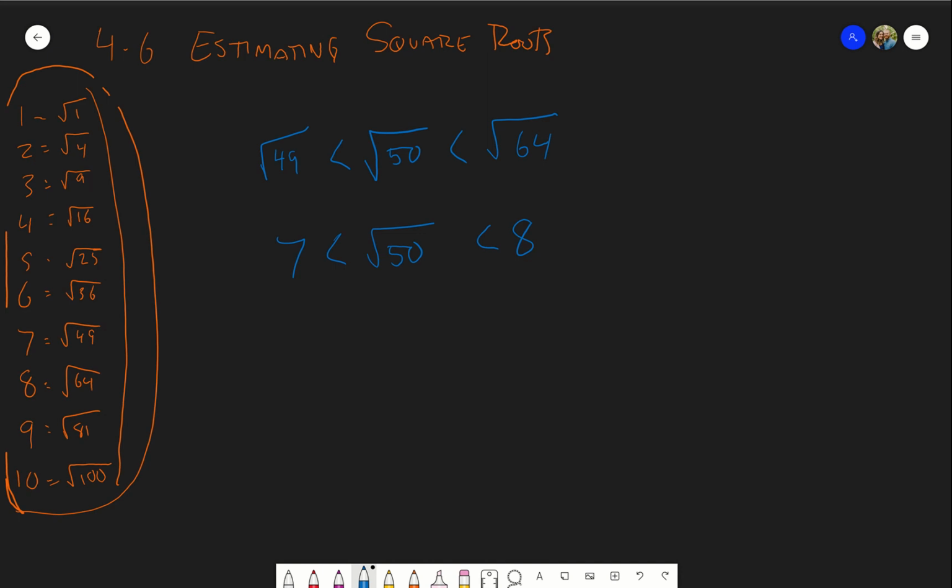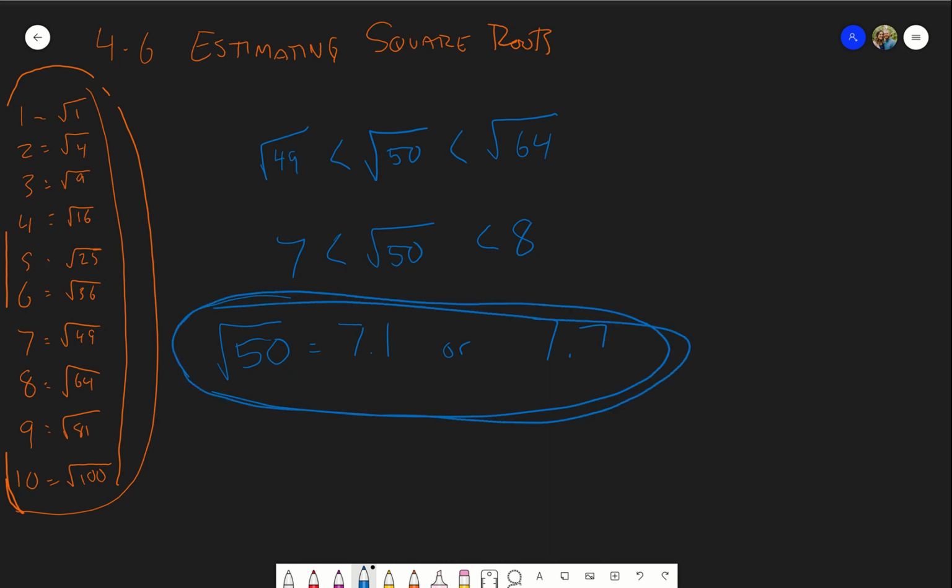Now, would the square root of 50 be more likely to be something like 7.1 or 7.7?